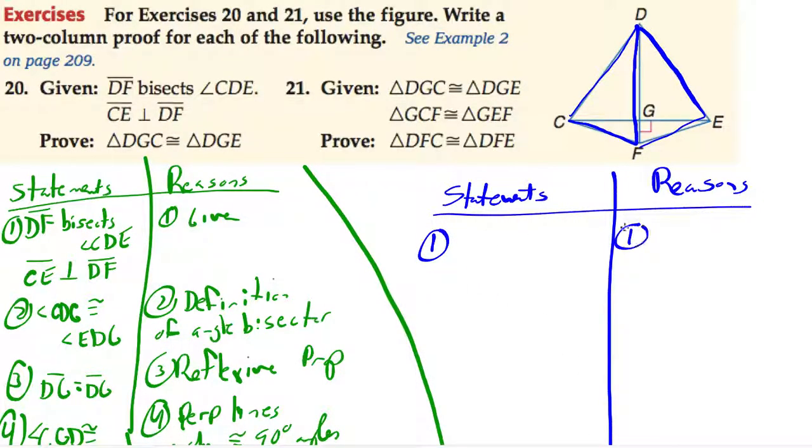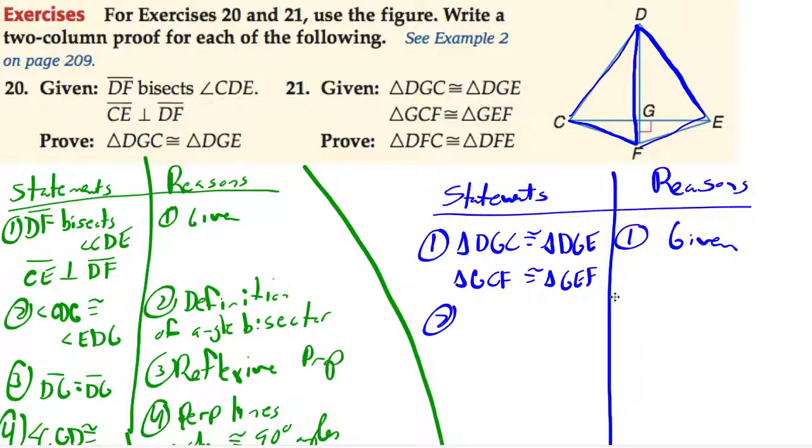All right, so for statement one, we're going to go with the given. So DGC is congruent to DGE. Triangle GCF is congruent to triangle GEF. That's given.